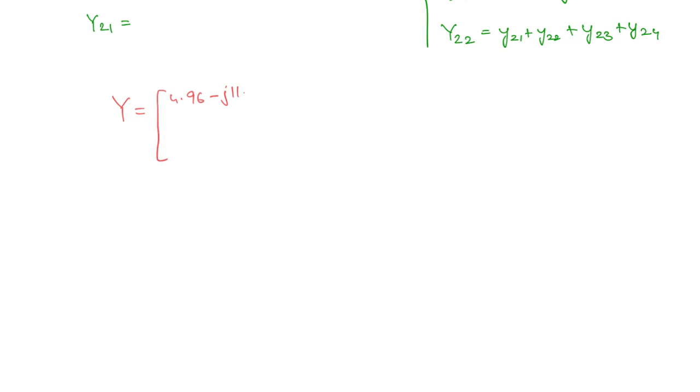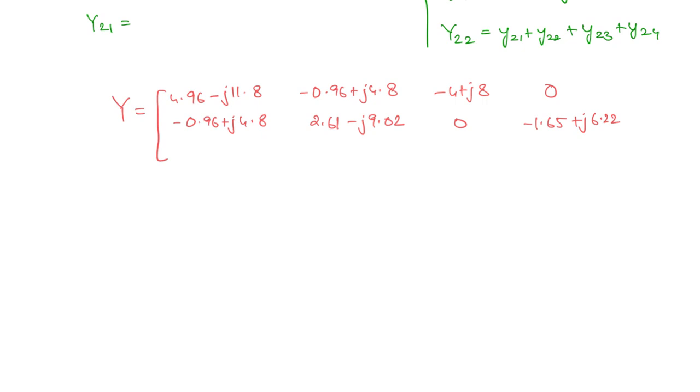4.96 minus j11.8, minus 0.96 plus j4.8, minus 4 plus j8, and 0. Similarly here, minus 0.96 plus j4.8, 2.61 minus j9.02, 0, minus 1.65 plus j6.22.